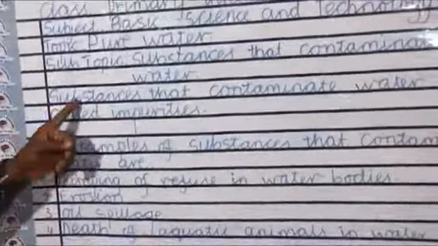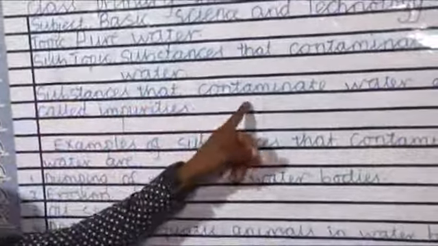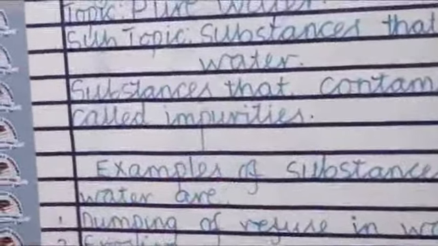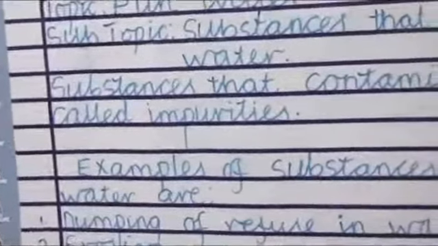Substances that contaminate water are called impurities. As you can see with me, this is an example of pure water.